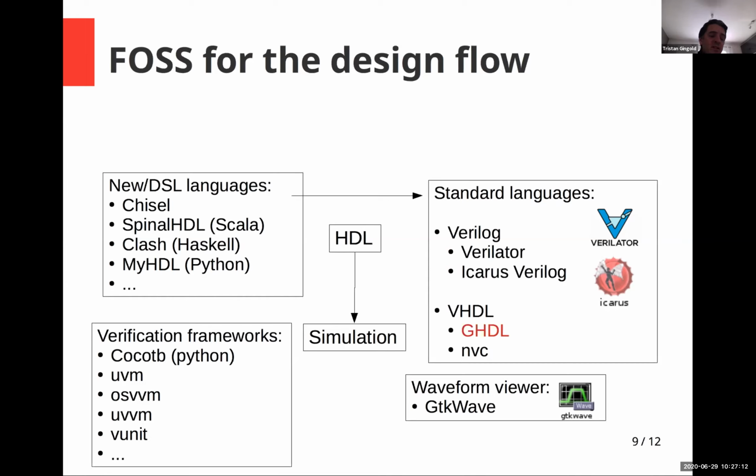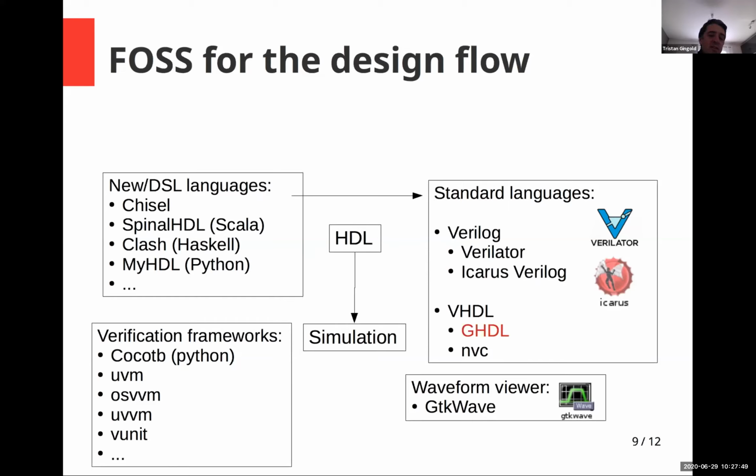In the FOSS community, you also find a lot of verification frameworks. There are either HDL libraries like UVM, OSVVM, UVVM, VUnit that help you to do verification of your design, or CocoTB, which is a fully Python approach.